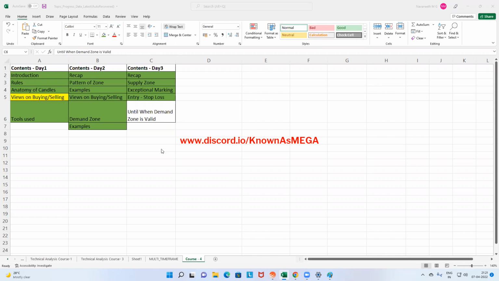Any questions, guys? See, this shows the interest in the class. So many of them have already left. But mark my words, I don't mind having just 1 or 2 students from this batch who will shine. But they will shine in such a way that they will be the highest taxpayers in the country.